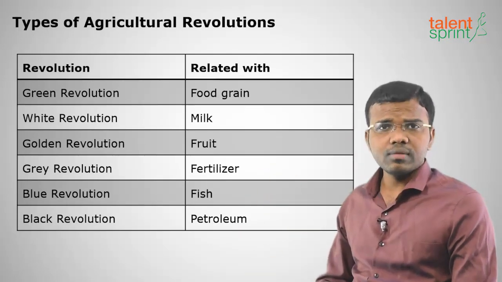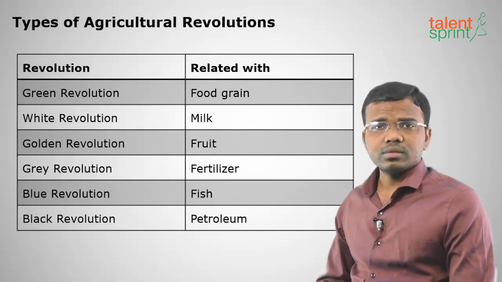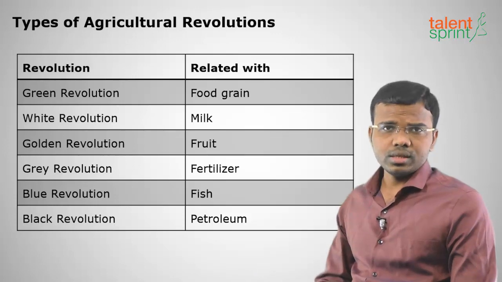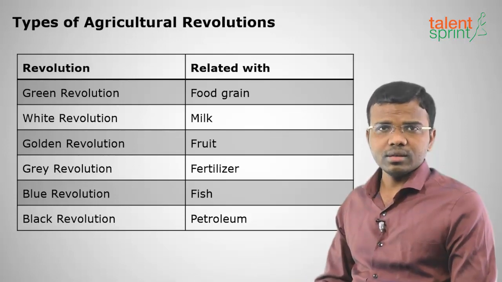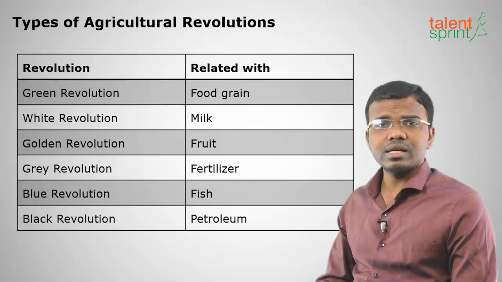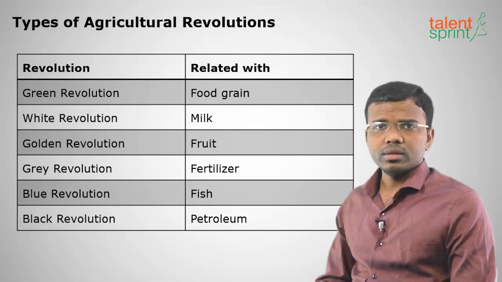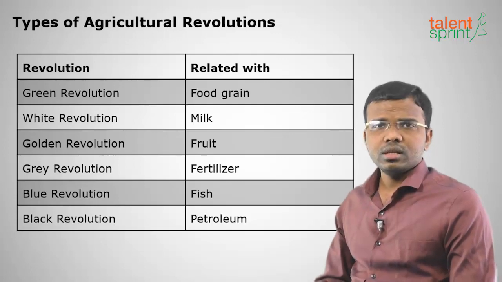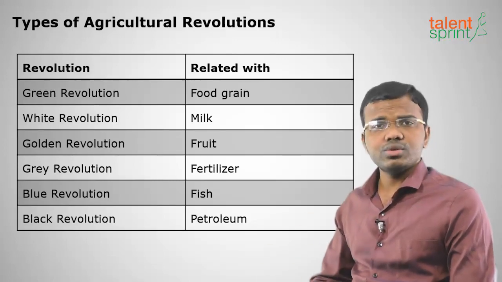Who is the father of Green Revolution in the world? It is Norman Borlaug, who introduced the Green Revolution to Mexico. And who is the father of Green Revolution in India? It is M.S. Swaminathan. In India, Green Revolution was started in the years 1966 to 67. That is the first Green Revolution in India. That means increasing the yield of rice and wheat particularly was introduced in India.